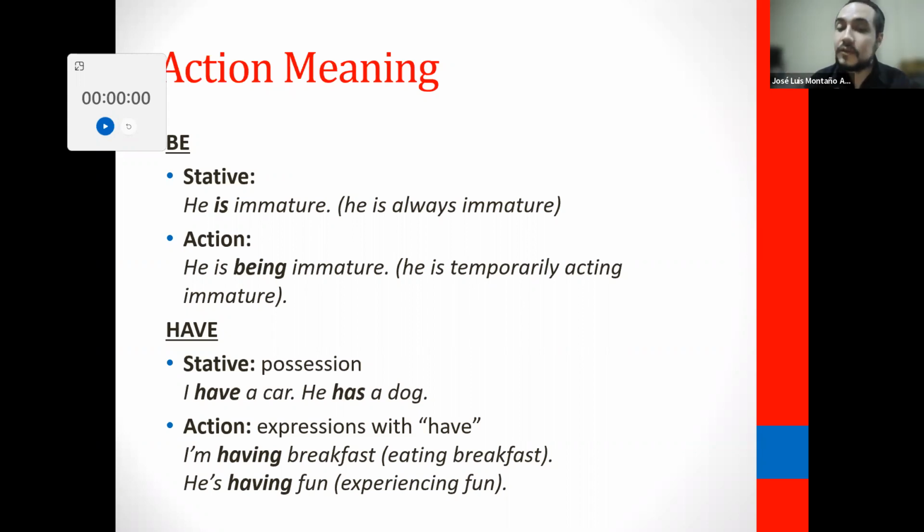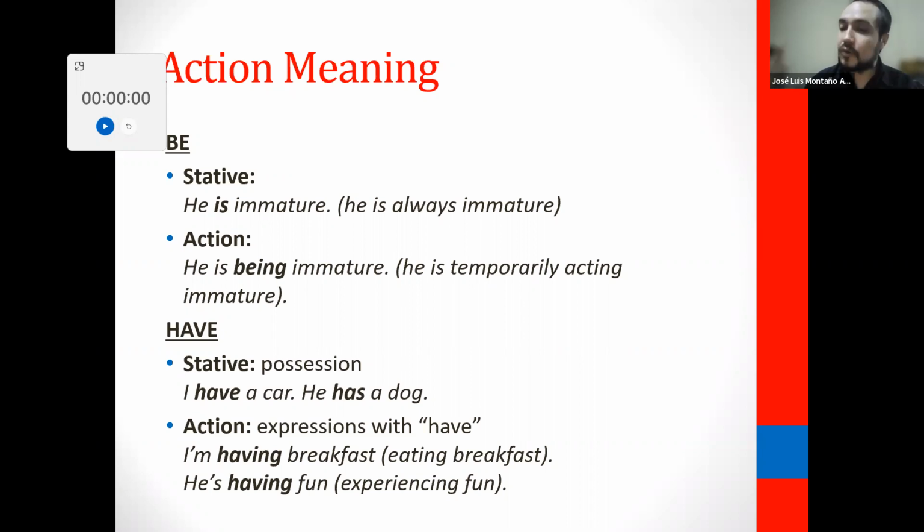But if you use have not as possession, you use it as eat, drink, or experience something, then you can use the action form. I'm having breakfast, I'm having dinner, I'm having pasta. Any dish that you know: I'm having lasagna, I'm having sushi, I'm having fried chicken.